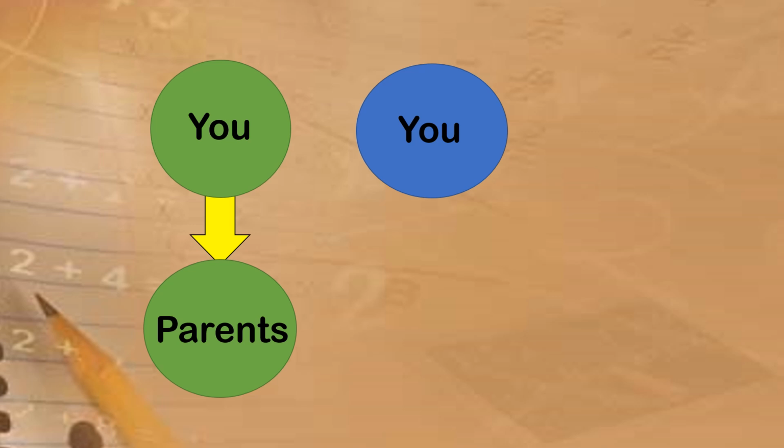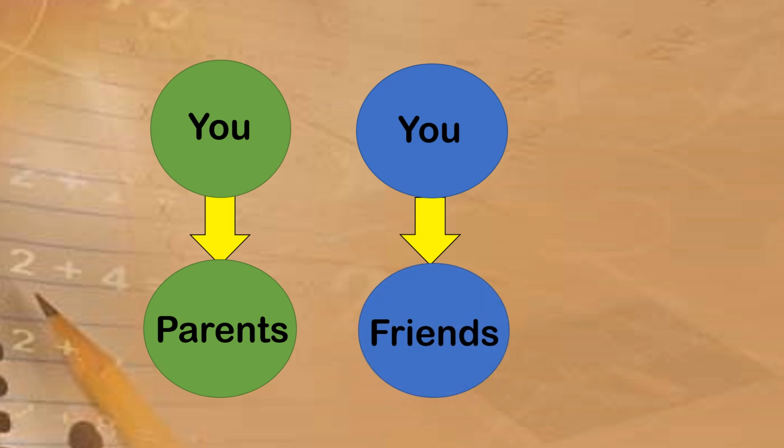Another example, as a person, what is the term that we use to connect with our friends? Maybe we call them best friends or close friends, or friends that someone you can trust. That is how we call the relationship with them.